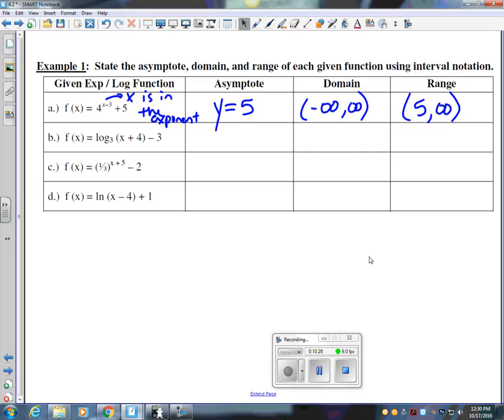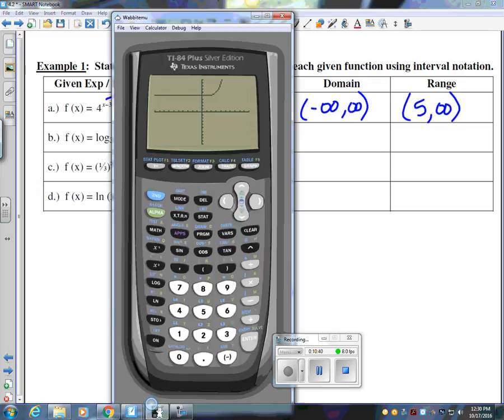All right, so this next one, if you wanted to use your calculator, you go to y equals, clear out what's in there.